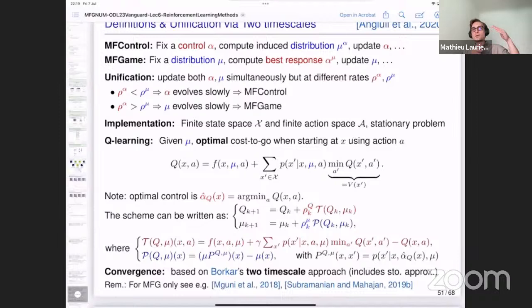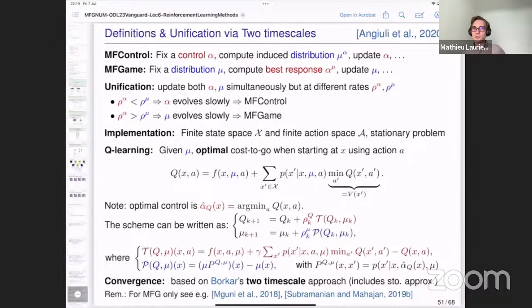If you update slowly the population and quickly the control, intuitively you are doing a mean-field game. If you update very quickly the population and slowly the control, basically you are solving a mean-field control problem. So that's the intuition behind this two-time-scale approach that we developed with Andrea and Julie and Jean-Pierre Fouque.